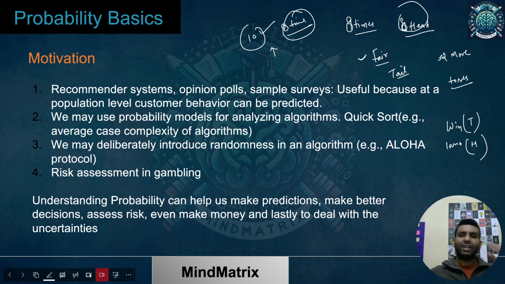So if somebody was about to play 10 games, and he had already lost 8 times, then when he's playing the ninth time, does he have more chance of winning?